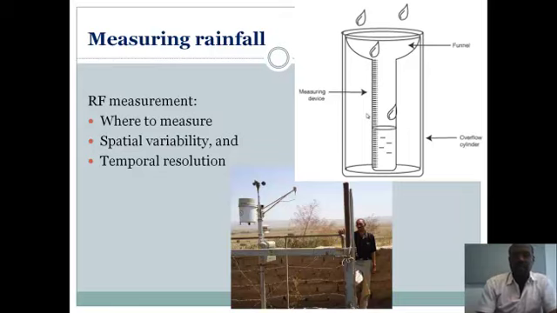Then for rainfall measurements, where we have to put the gauges is both in the command area and in the runoff generating area, which is in the catchments, because then we could get an impression of how this resource varies in both command and catchment areas.